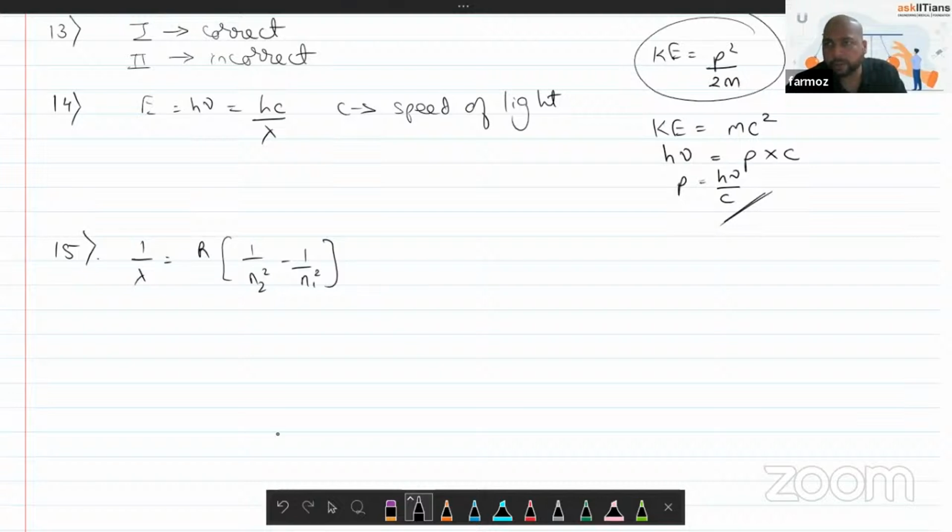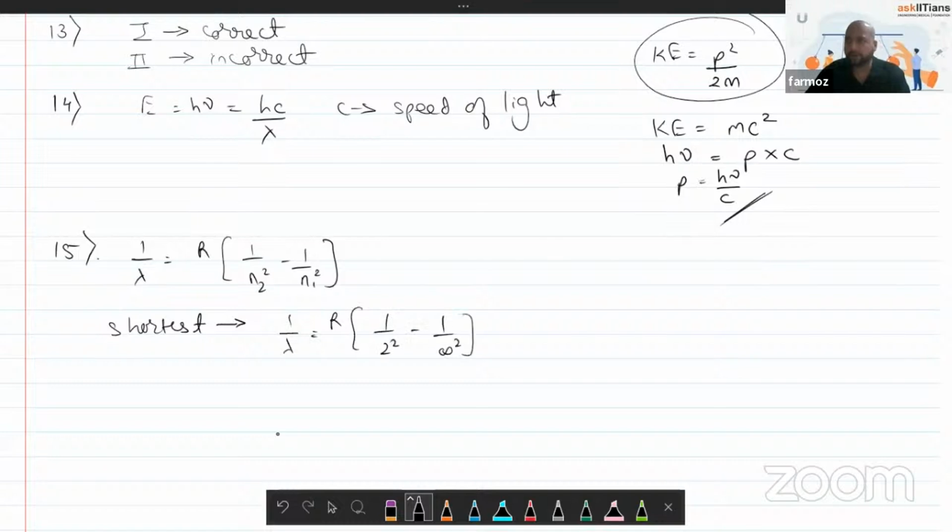Okay, not an issue. The shortest wavelength for the Balmer series is 1 upon lambda is equal to R times 1 upon 2 square minus 1 upon infinity square. So this is your equation, and on that basis you can calculate this value as 3646 angstrom. So this is your fixed value.